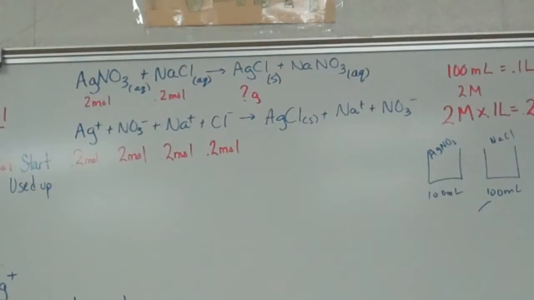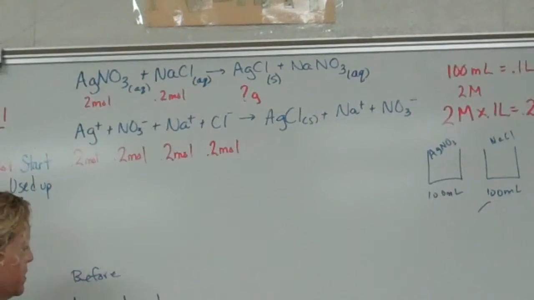Okay. So in our before beaker, we're going to have silver ion, nitrate, chloride, and sodium. We're going to have all of those and a bunch of them, okay?